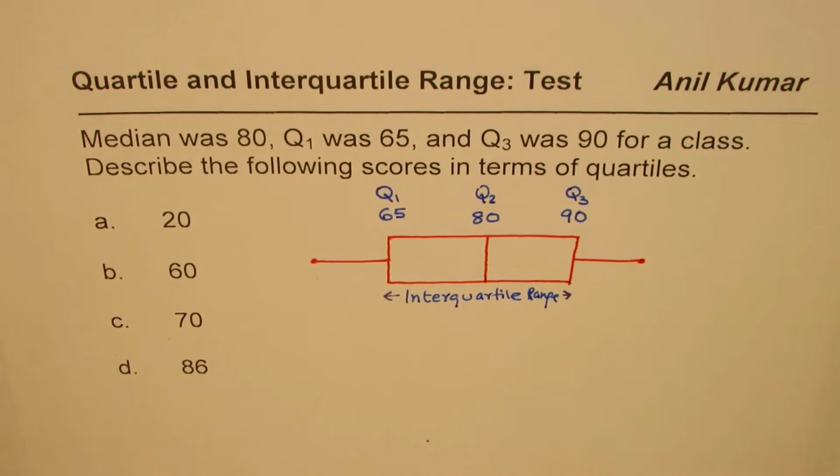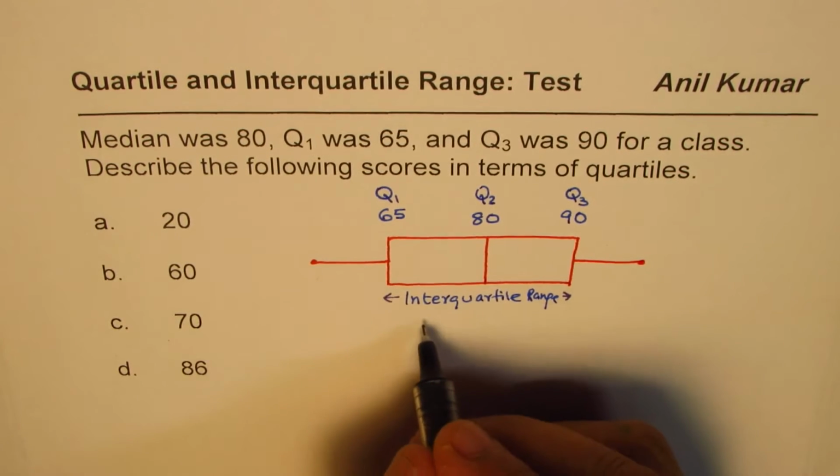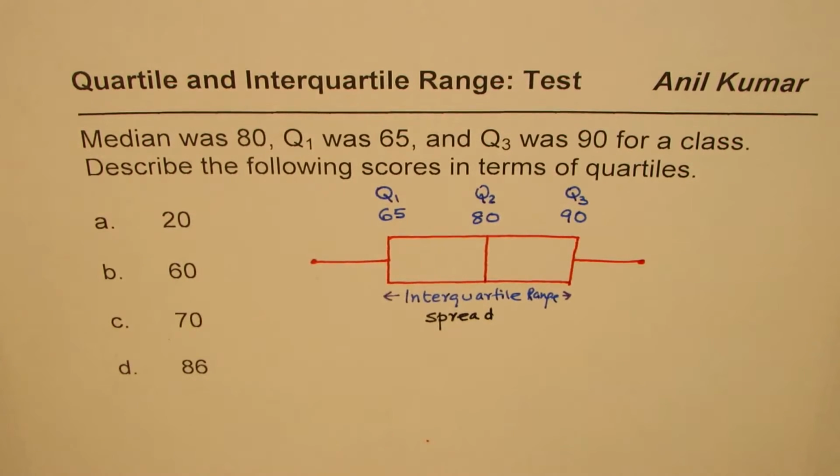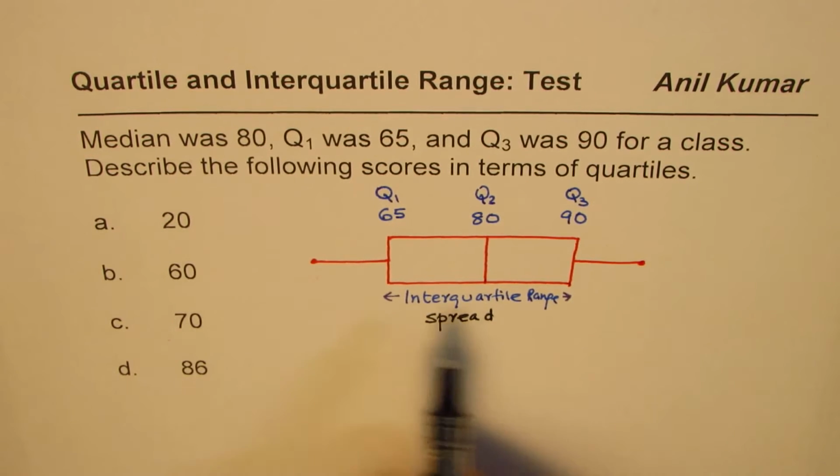The interquartile range gives you the spread, right? So this is also the spread of the data. We also know how closely the data is clustered around the median from the interquartile range.